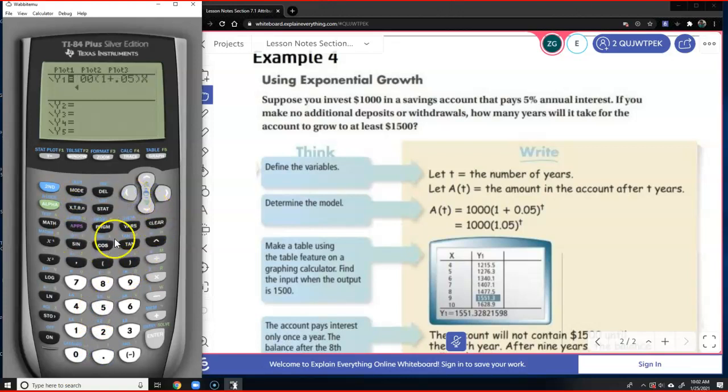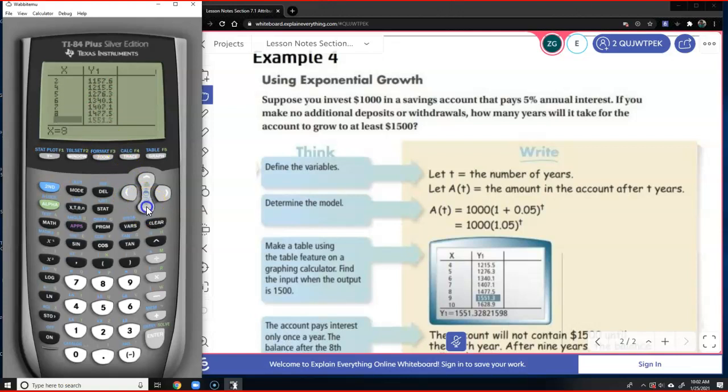Why is it raised to the x? Because that's going to be changing. The years is going to be changing. So if I look at my table, we're going to start with 0, and 0 tells you there's $1,000 invested. Okay, we got to figure out when the y value is going to reach 1,500.